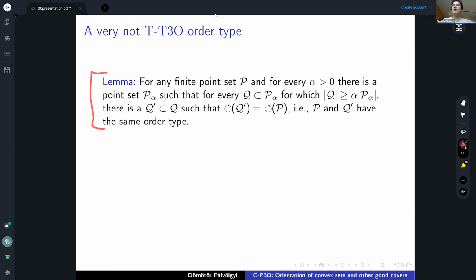It says that whenever you have a finite point set, for example, P could be this point set, and no matter how somebody gives you a small number, you can always get a bigger point set such that if you pick a positive fraction of this point set, this alpha fraction of this large point set P alpha, then there will always be some subset Q prime that gives the same order type as P.